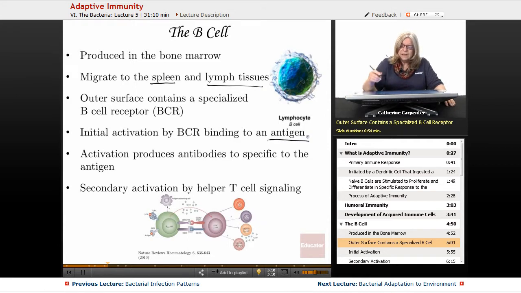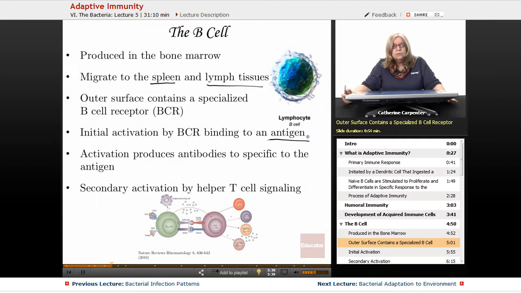Just think of it as like an outer band that's sticky and is almost like clay. So when the pathogen comes along and sticks to that outer shell, that B cell configures itself to the shape of that particular antigen.